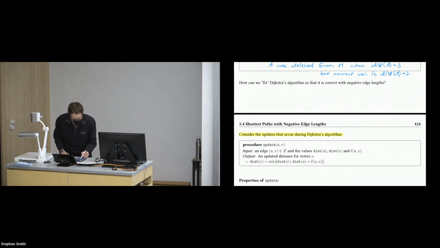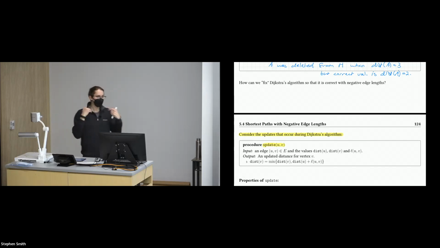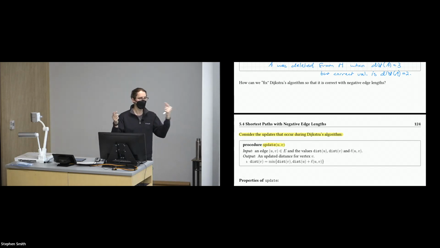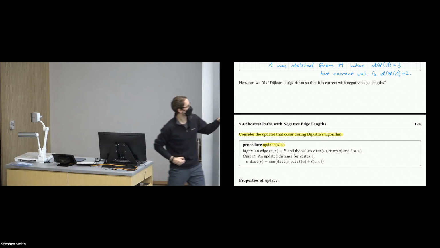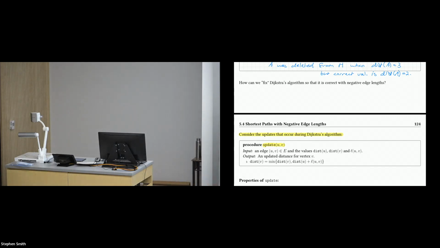In an update, you take in an edge UV, and the dist values on the endpoints U and V, and you update the distance to V based on the distance to U. You perform dist V is the min between its current value and this new path you found that goes via U.